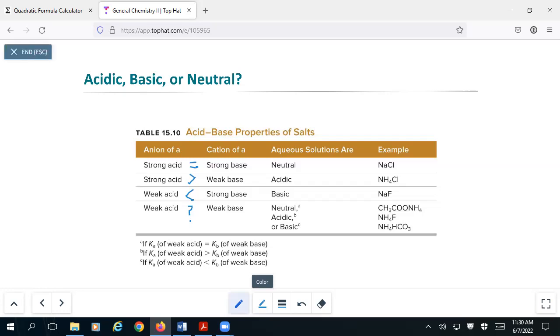And so depending upon what the relationship is, it could go any direction. But notice that whichever one is stronger is still going to dictate the acidity or the basicity of the salt.